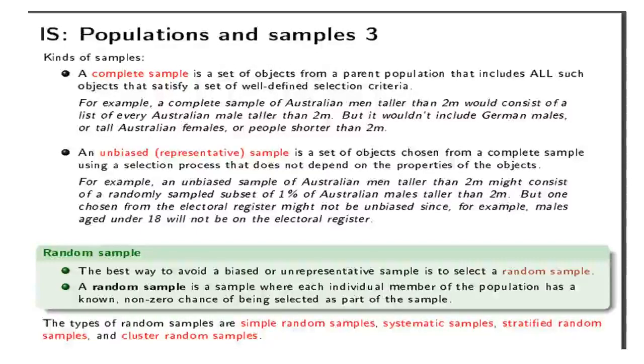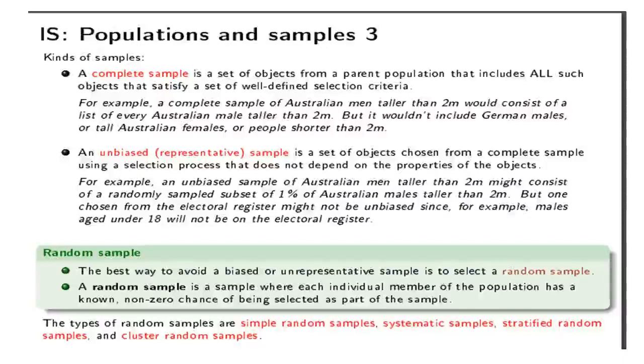What are the types of random samples? We have simple random samples, systematic samples, stratified random samples, and cluster random samples. We will discuss these types of random samples in the next presentation.